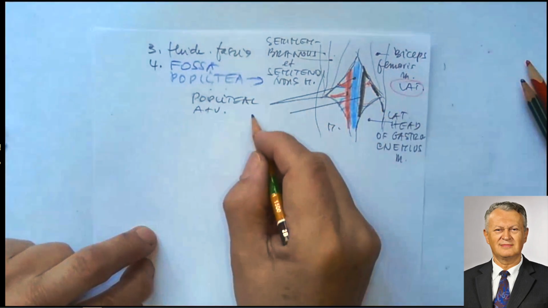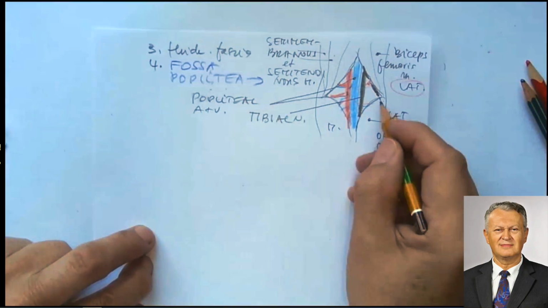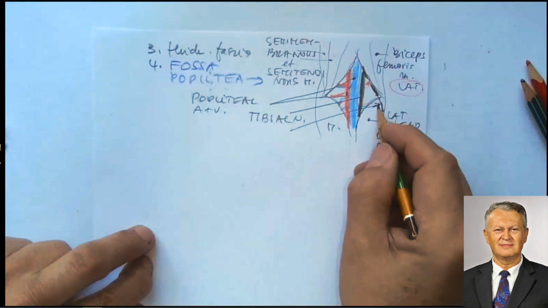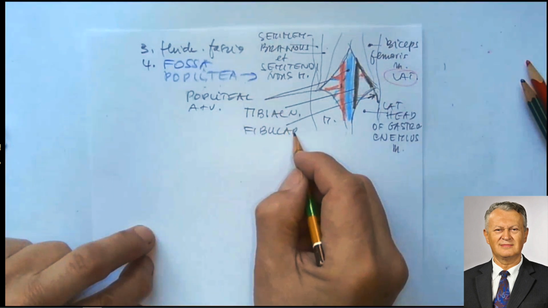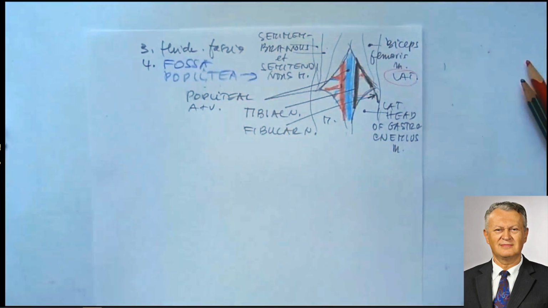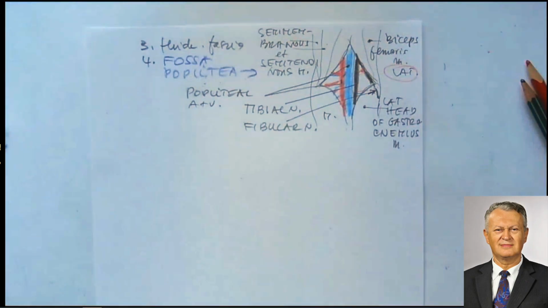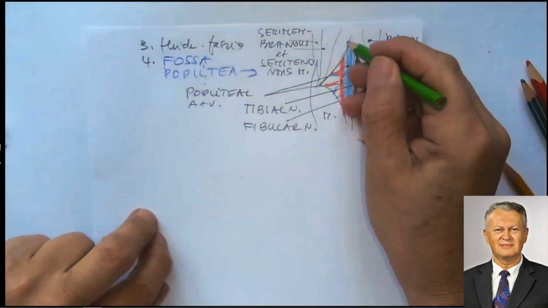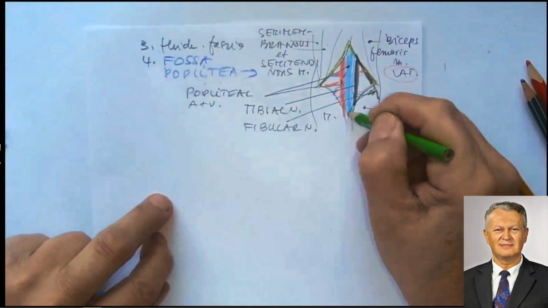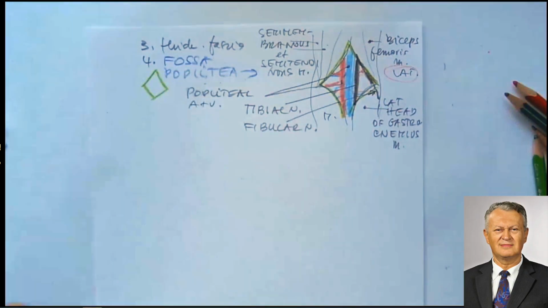This one is the tibial nerve, and that one is the descending fibular or peroneal nerve. That's it. So I mean that the simple sketch is better for orientation in the fossa. And then maybe light green shows the boundary. So this is the popliteal fossa. I'm sure that this is good.